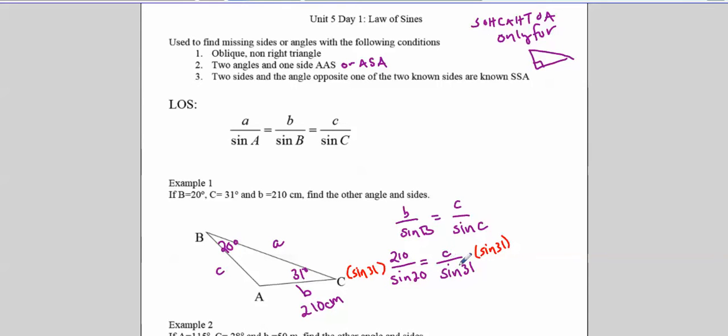Okay, so I have C divided by sine 31 times sine 31, so those cancel, and C equals all of this. So how would I enter that in the calculator? It would be C equals 210 times sine 31 divided by sine 20.